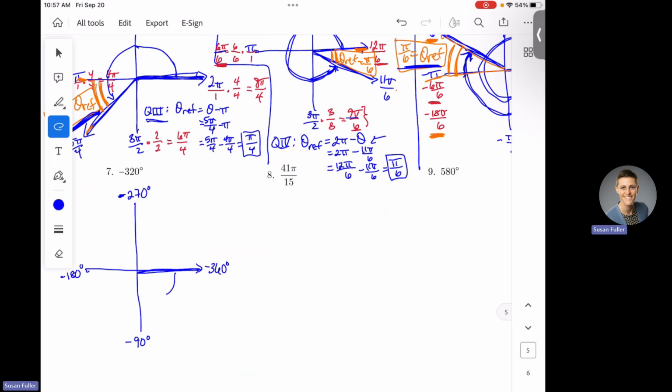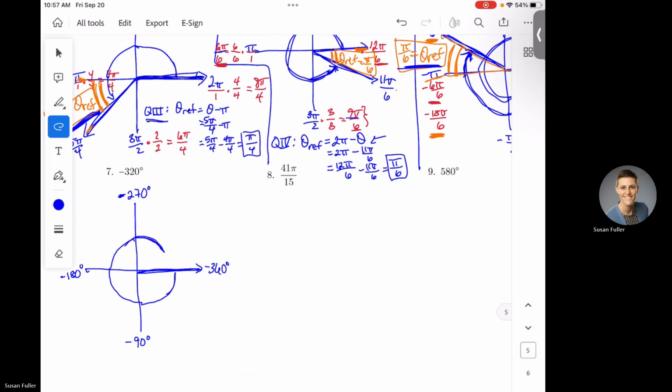And so now we can kind of keep going and figure out where we go. So negative 90. I got to keep going because I got to go to negative 320. Here's negative 180. Got to keep going. Negative 270. I got to keep going. Ooh, negative 360 would be too much. So I'm going to go most of the way, let's say slightly over halfway between 270 and 360.